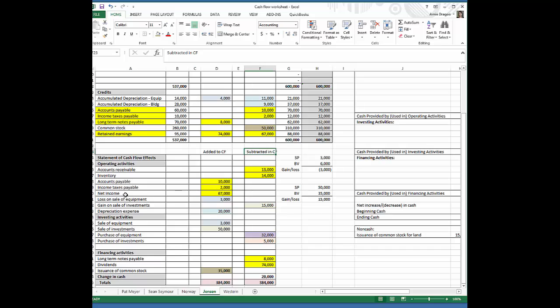Usually your operating would start with net income, and then your non-cash items, and then your current assets and your current liabilities. So you would just bring these items over, you would add these, subtract these in the operating section. In the investing section, you would add these, subtract these. In financing, you would add these and subtract these.